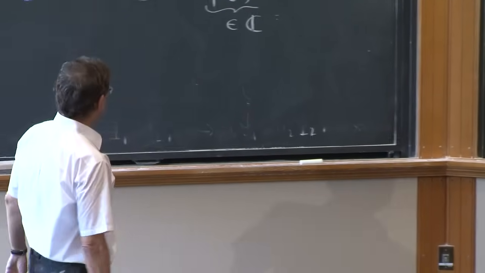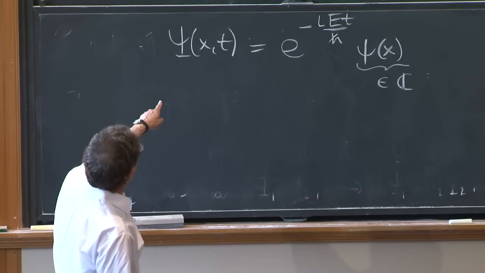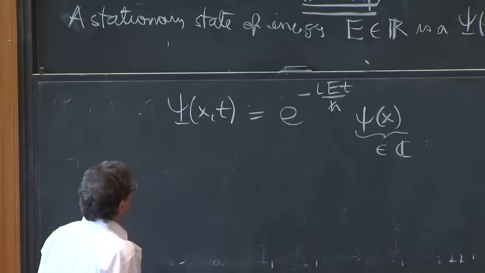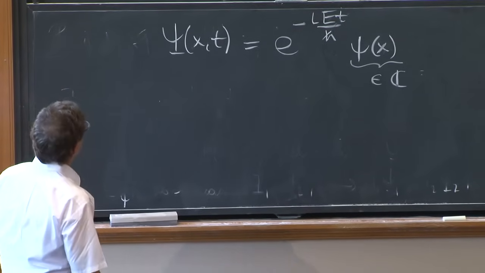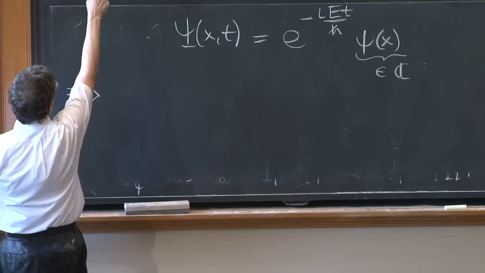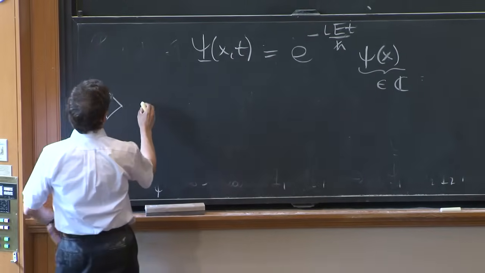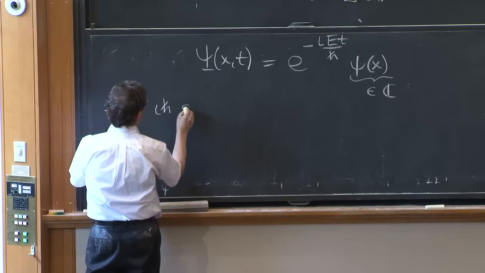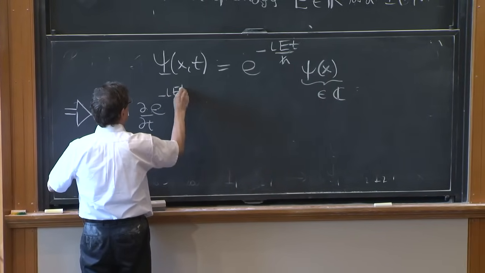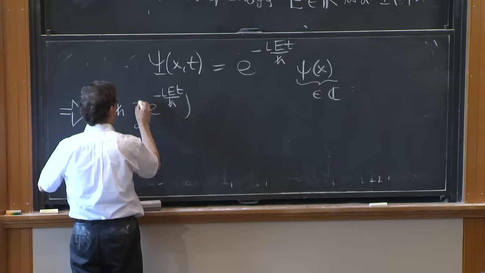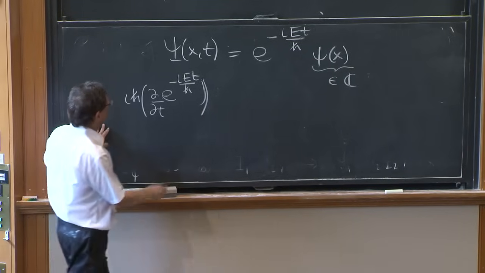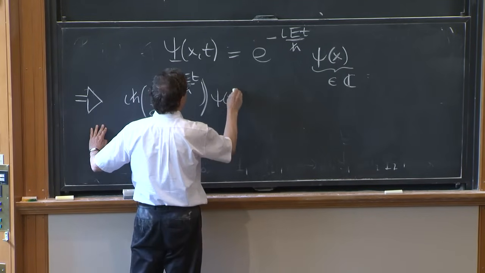Now you're supposed to plug this into the Schrodinger equation, and it's a famous result, so let's just do it. Plugging back into the top equation, we have i h bar times d/dt, which will only act on the phase because little psi has no time dependence.